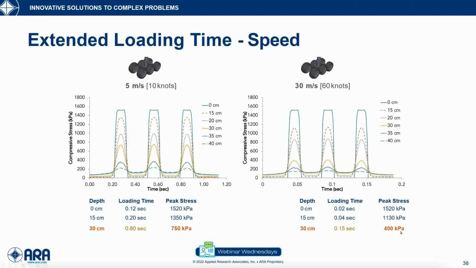So when I go for higher speeds, I only feel the load for a shorter duration, versus a longer duration for a slow speed. That tells me again that longer loading time means the asphalt in the base layer is going to be softer if I have a slow moving aircraft.